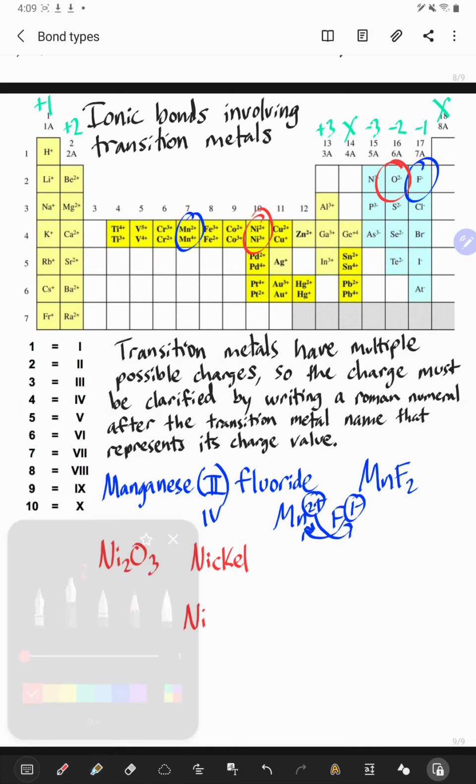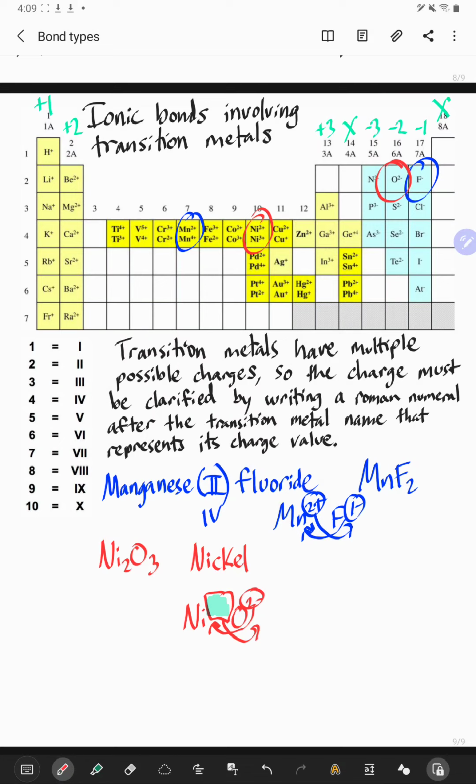So let me highlight that in green. But we do know that oxygen has a -2 charge. It always has and always will have a -2 charge. I'm going to write this -2, move it and write it right here. And then I'm going to take whatever this is and write it right here.